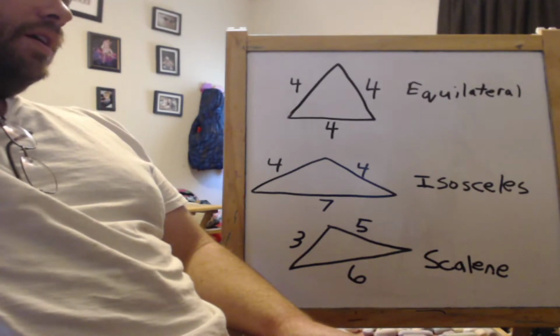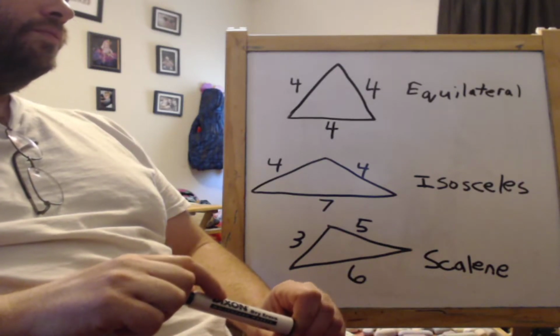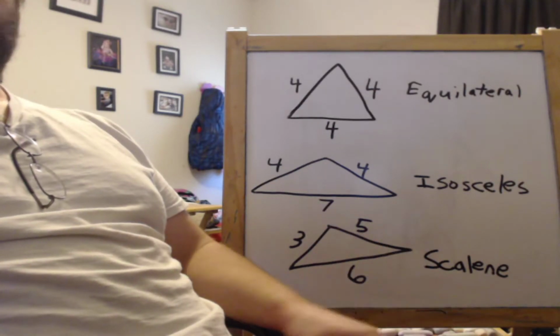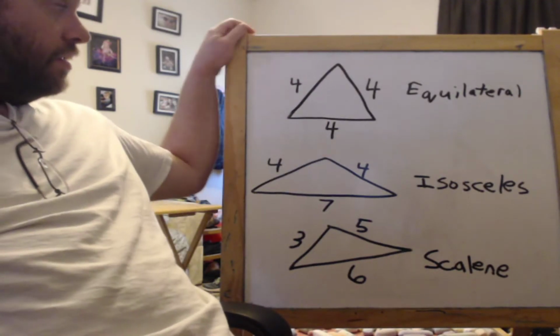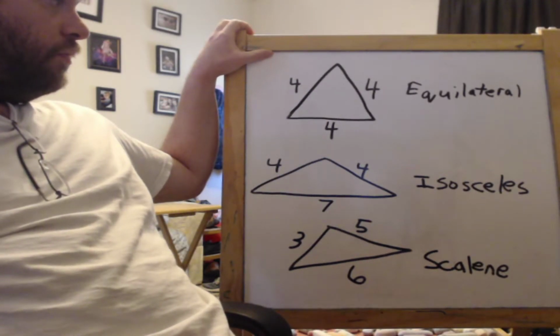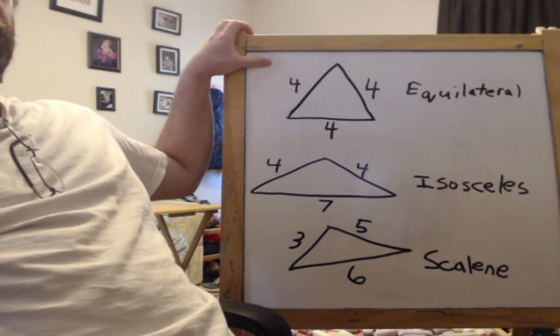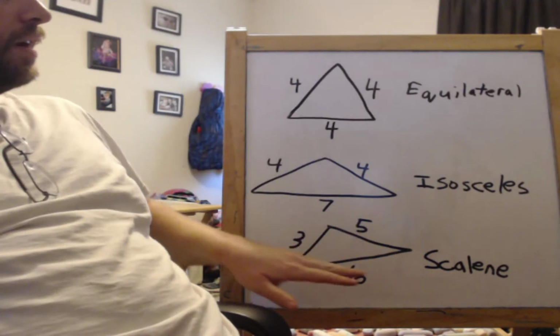And they actually relate to the other type of triangles, the acute, right, and obtuse, that I'll get into in another video, how they relate to each other. But specifically for this one, I will just go over what makes an equilateral triangle, an isosceles triangle, and a scalene triangle.